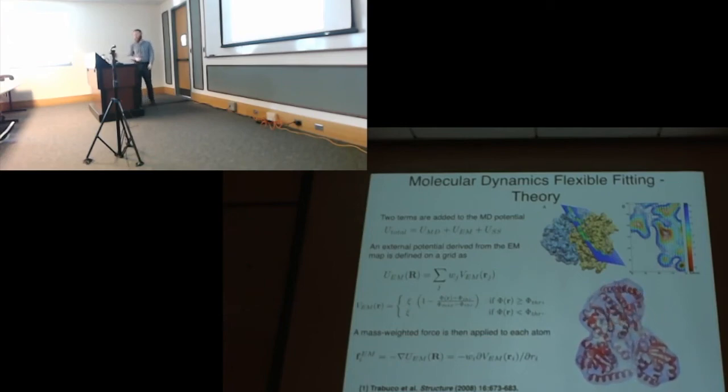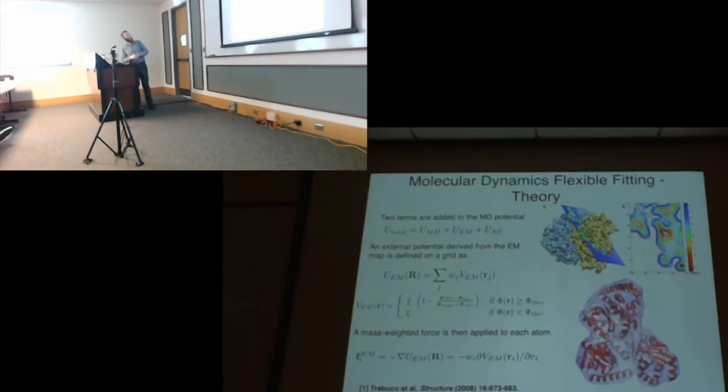The default weight that we use on each atom is its atomic mass, because that roughly corresponds to how well they're seen in the density map. So heavier atoms are forced more heavily. And so the end result is that we're pushing our system into the conformation captured by this cryo-EM density.